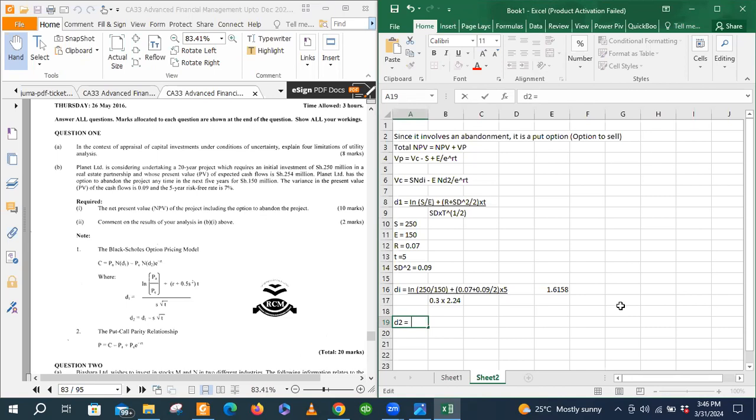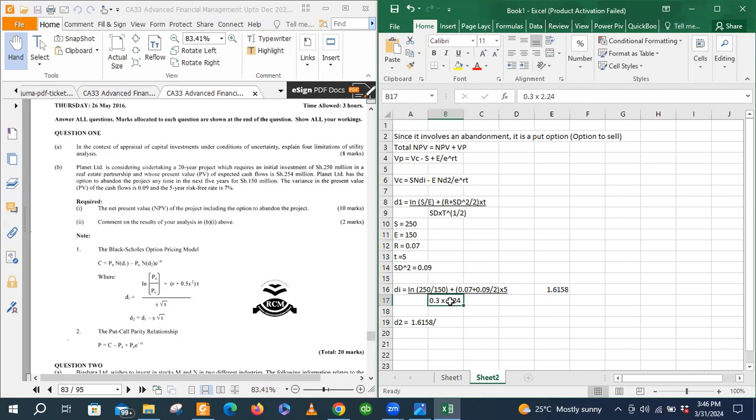Now D2 equals D1 divided by its denominator. So this one will be 1.6158 divided by the denominator of D1.